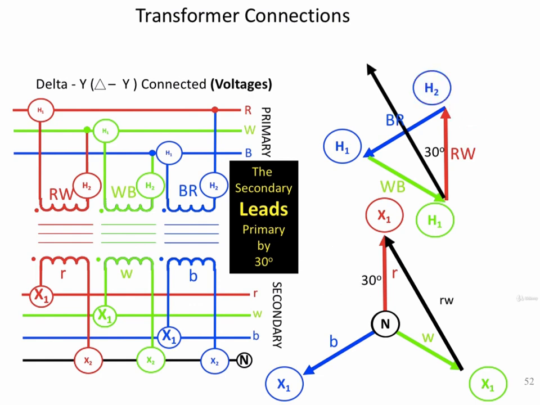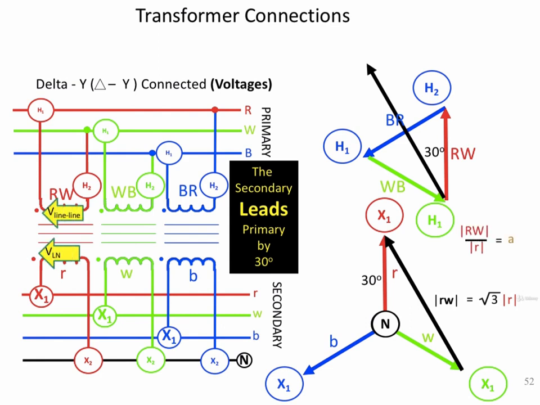Let's look at the magnitudes of the voltages now. And we know from the phase relationship of the secondary side of the transformer that the phase-to-phase secondary voltage is √3 times the phase-to-neutral secondary voltage.